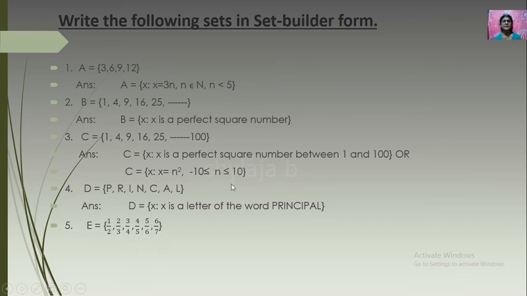We write this in set builder form like that. Set E is equal to x such that x is equal to n divided by n plus 1, where the denominator is 1 more than the numerator. So n is a natural number and n is between 1 and 6, that is, 1 is less than or equal to n, less than or equal to 6.